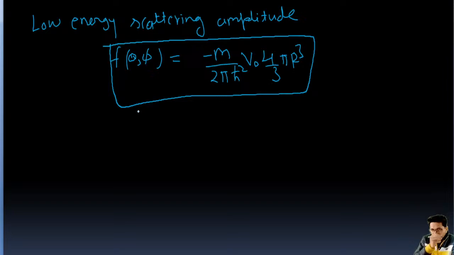Now if we know the scattering amplitude, we can easily find the differential scattering cross section.